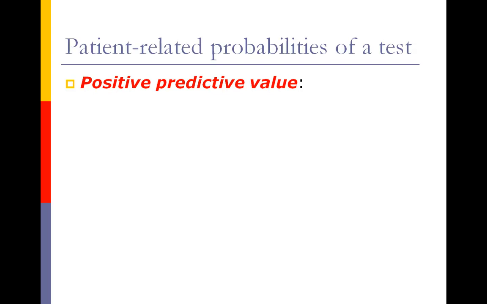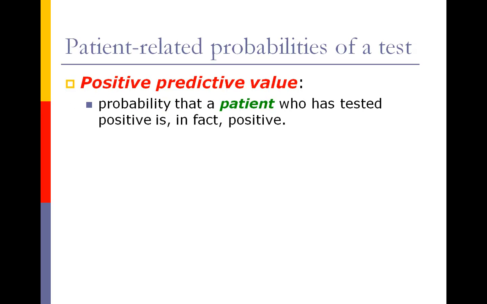The positive predictive value is the probability that a patient who has tested positive is in fact positive. So this tells us, assuming that you have tested positive, what is the probability that you do in fact have the condition, and therefore should we be worried about your situation?